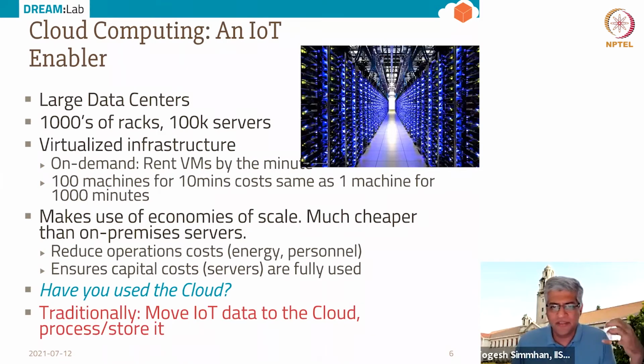So communication fabric, affordable sensing and actuation, advances in big data platforms and analytics, and affordable computing through the cloud are the key ingredients to achieving IoT applications, right?